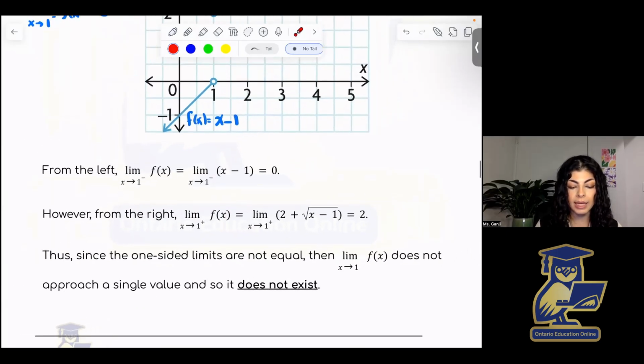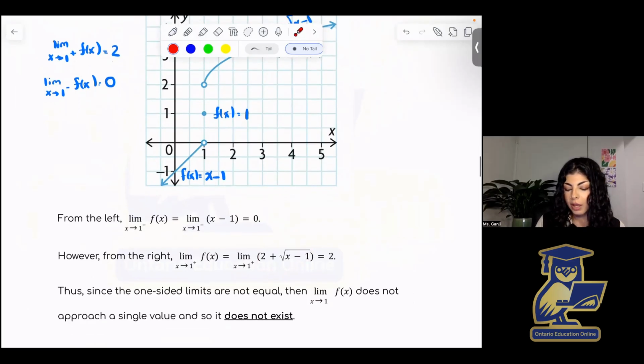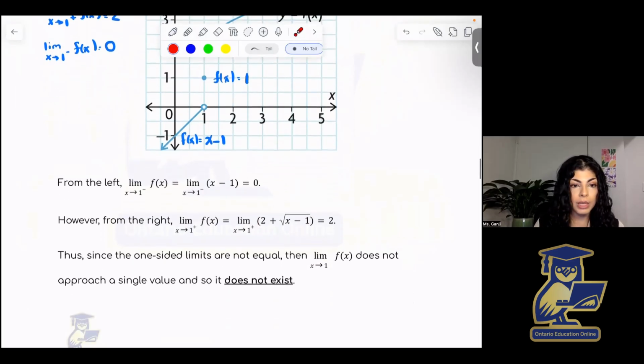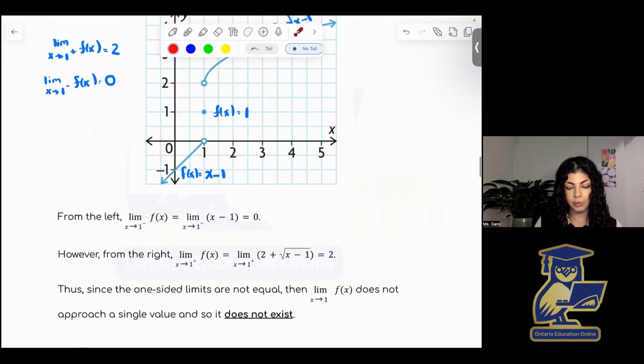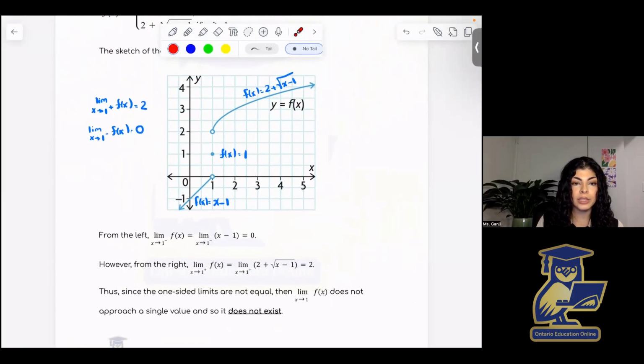You have to show that you're acknowledging the whole piecewise function as one function and not as just this part. And that would be your complete solution for this problem. We've now seen another graphical representation where the right-hand limit and the left-hand limit do exist, but they are not equal, so the overall limit does not exist.